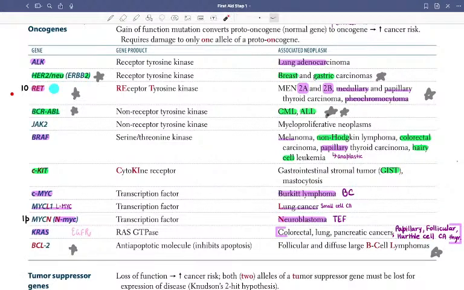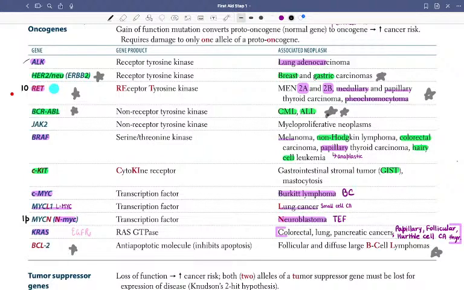HER2/neu we know, ERBB2, breast and gastric carcinoma. RET is in MEN2A, MEN2B, medullary and papillary thyroid carcinoma, pheochromocytoma. BCR-ABL is CML and ALL.